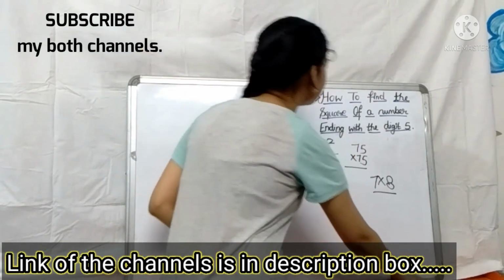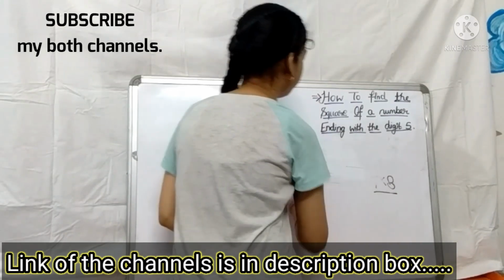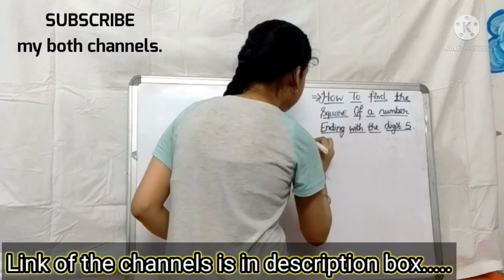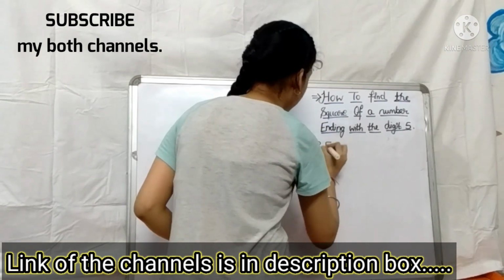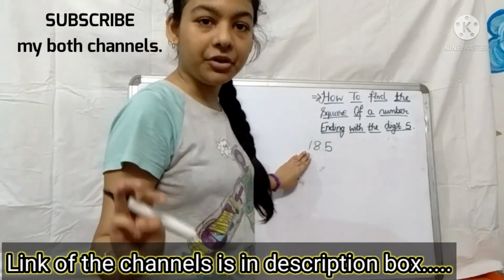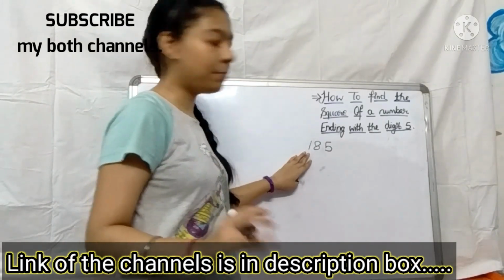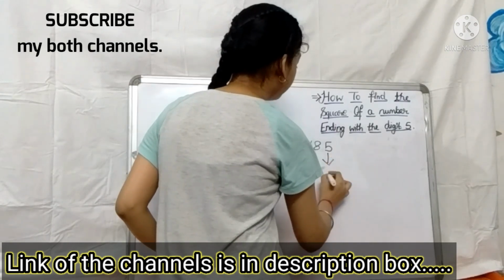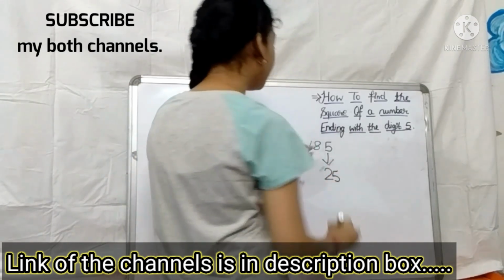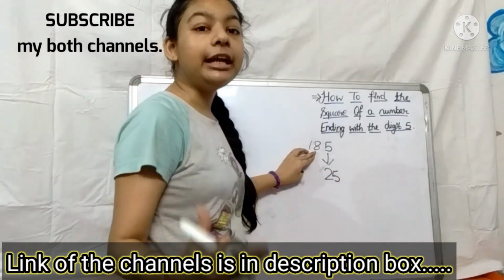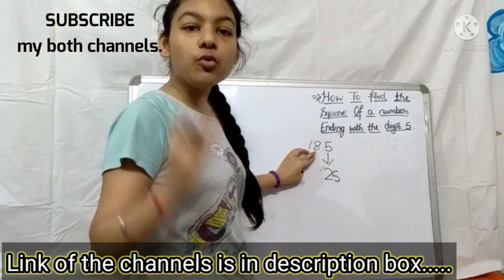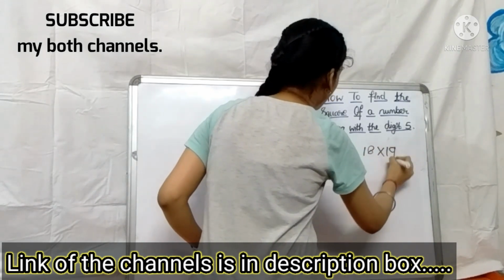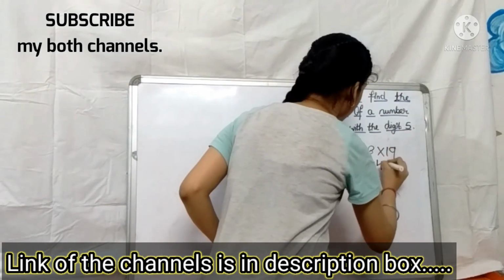Now let's try the same trick with a 3 digit number. Let's take 185. Here we have taken a 3 digit number. The same we have to do. We first square 5, which is 25. After that, 18. Just after 18, what comes? 19. So we are going to multiply 18 into 19, which is 342.